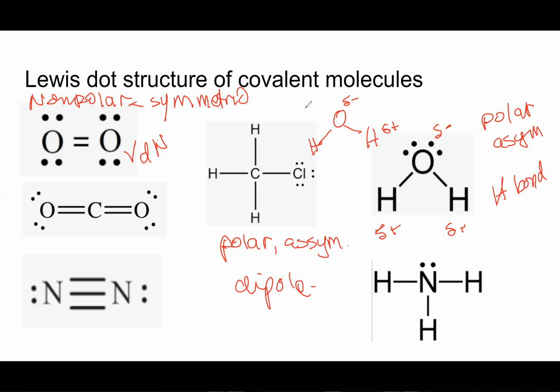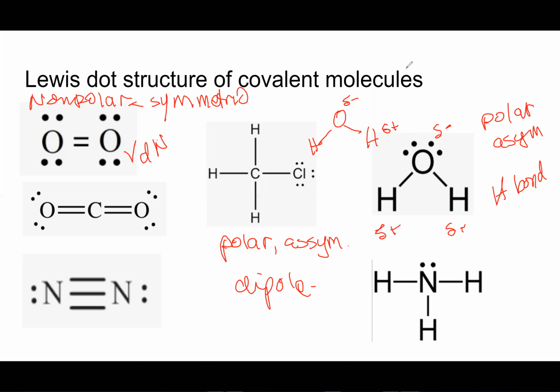So this partial positive hydrogen is attracted to the oxygen, which has a bit of a negative charge. This is an attraction here. Right? And so that's how the water molecules glom together. Like in a water droplet, you see the water molecules glomming together. That's because these partial positives and negatives really want to come together.